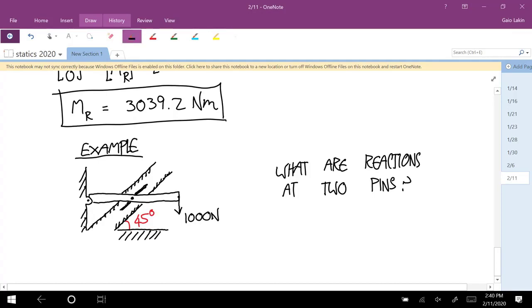So if there were no other connections to the ground with this beam, this thing could slide, could go up and down, and it could also spin around. And let's see, the mass of the beam also, let's say this beam has a mass of 50 kilograms.